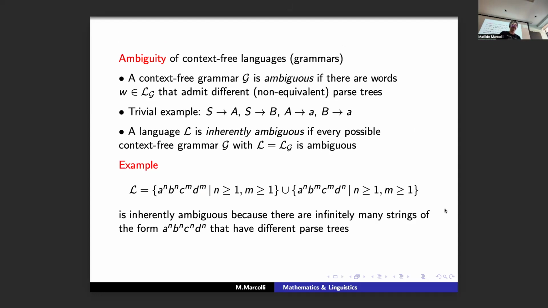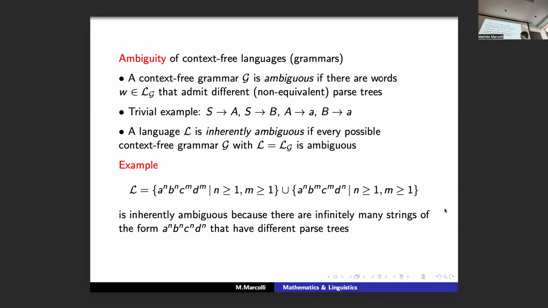This representation in terms of trees, in particular, shows that there's very often an ambiguity in how you represent strings in terms of a particular context-free grammar, because you can have different parse trees for the same string. Of course, there are trivial examples, but a somewhat less trivial example is if you take a language that consists of two kinds of infinite recursions like this, there is a large set that belongs to both of these.